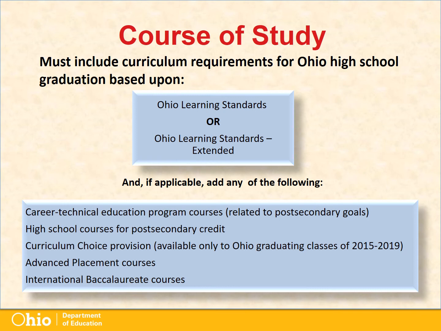This option is currently available only to Ohio graduating classes of 2015 through 2019 and is accompanied by a student success plan that aligns with and does not contradict the IEP, advanced placement courses, and international baccalaureate courses.